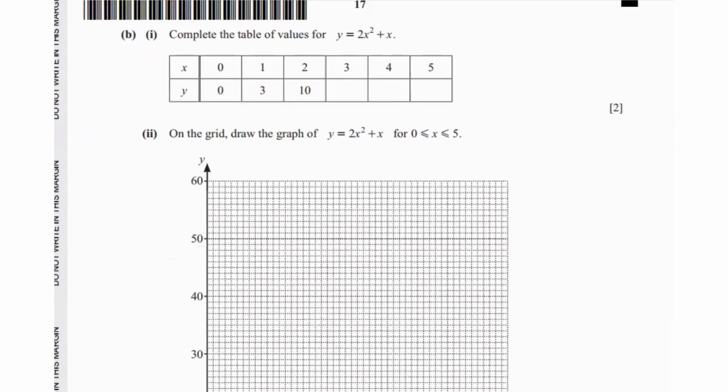Part B says complete the table of values for y equals 2x squared plus x. So they've given us the values of x and they want us to find the corresponding y values. Substitute them in the equation. y equals 2 times 3 squared plus 3, which is 18 plus 3, and that's 21. So that's the first one. Then y equals 2 times 4 squared plus 4.